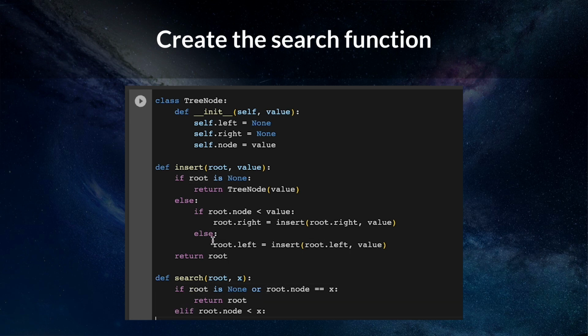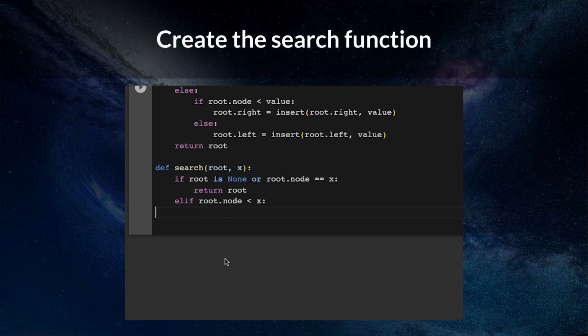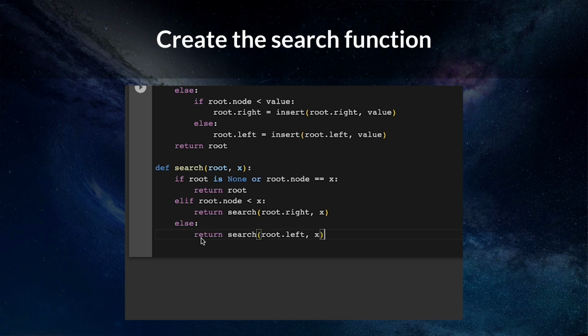Otherwise, if x is greater than the root node, we know it can't be in the left subtree of root, as all values in the left subtree are smaller than the root value. So we recursively search in the right subtree. Vice versa, if x is less than root value, we recursively search in the left subtree.